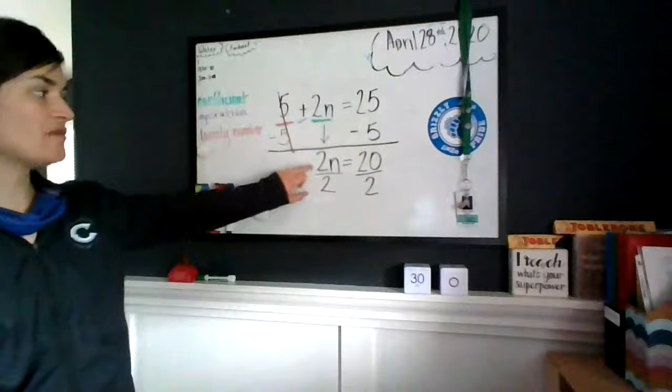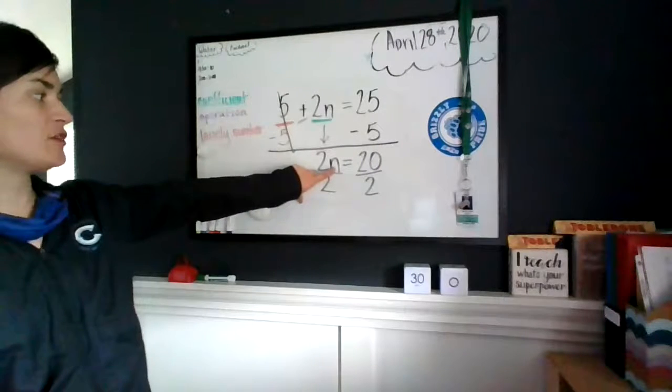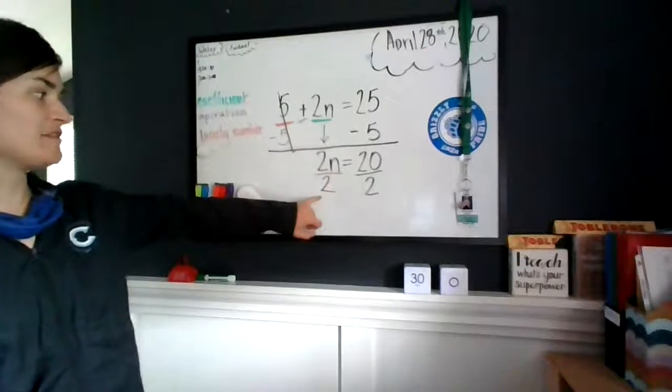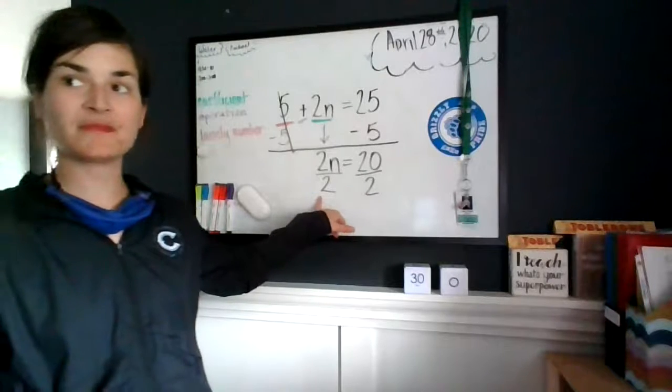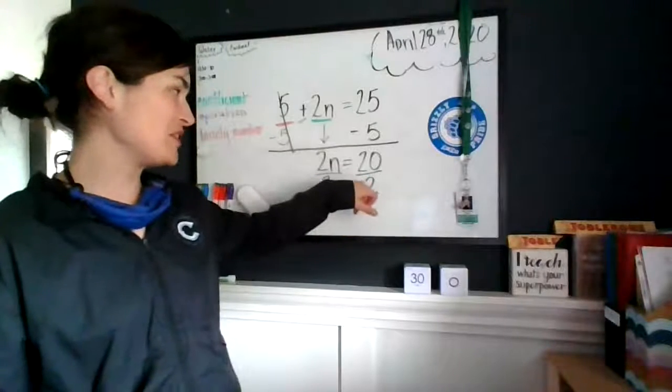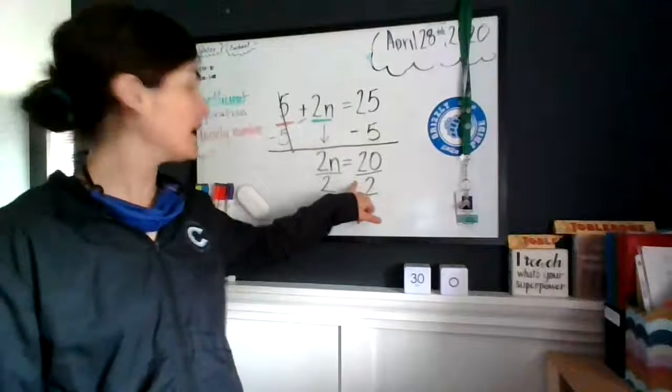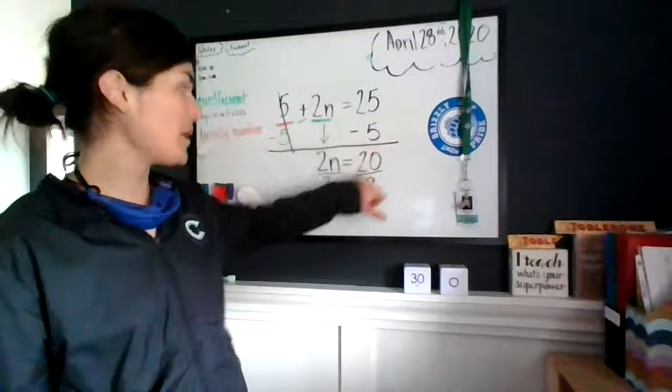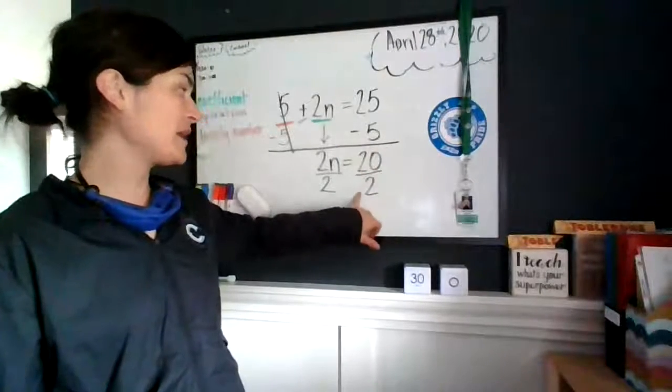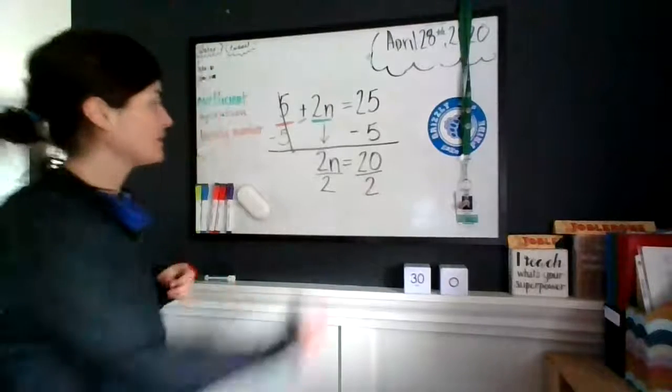Okay, so now I have my coefficient and my unknown variable, 2 and n, and I divided by my coefficient, which is 2. And then on this side of the equation, I'm going to do the same thing. I'm going to divide my number, which is 20, by my coefficient, which is 2. Okay.